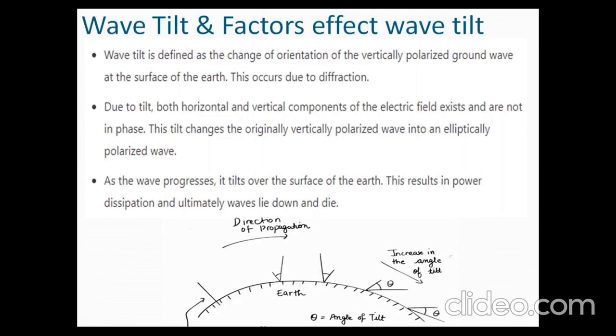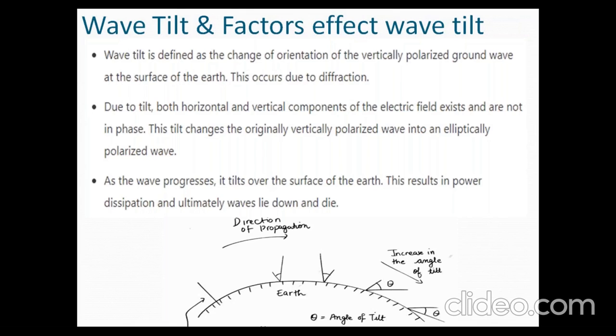Okay, this occurs mainly due to diffraction, and due to this tilt, the horizontal and vertical components of the electric field will not be in phase and will be out of phase. This tilt will change the vertically polarized wave into an elliptically polarized wave, because when the obstacle comes into the picture, the wave will move along the obstacle.